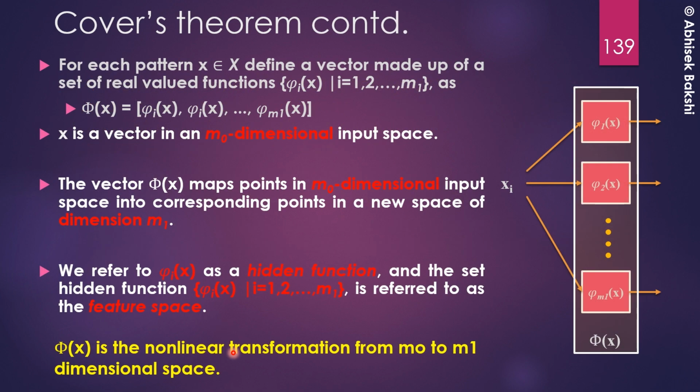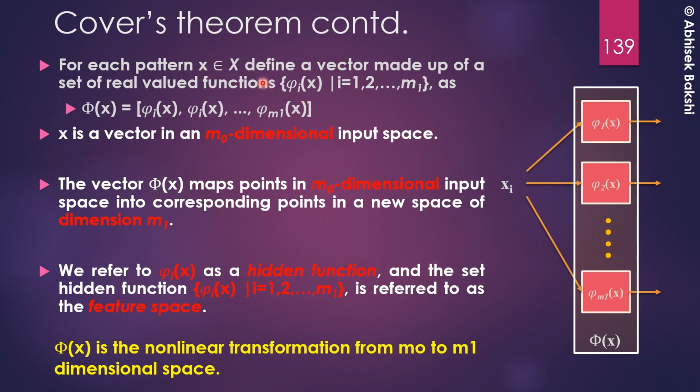Let's see one by one what I've written. I'm just reading and trying to make it easier to understand. For each pattern small x belonging to capital X, this small x is just a representation of an element of the set X. That means this small x can be x1, x2, x3, anyone till xn.